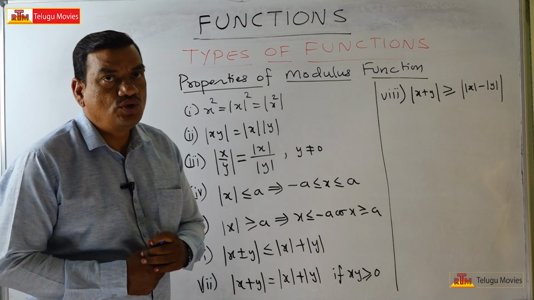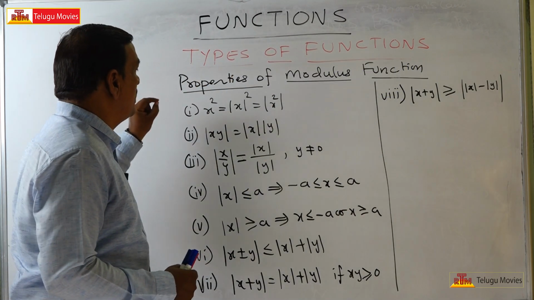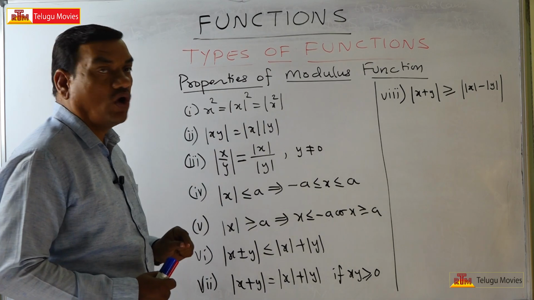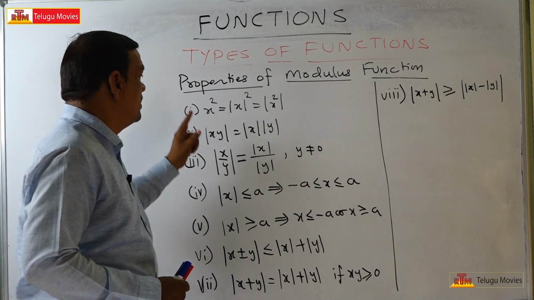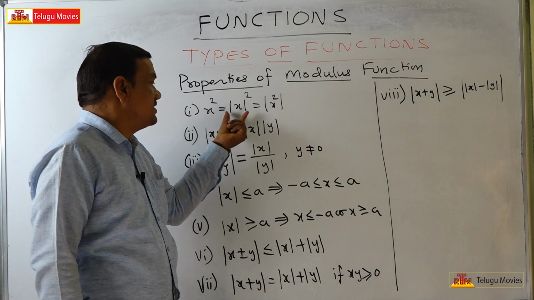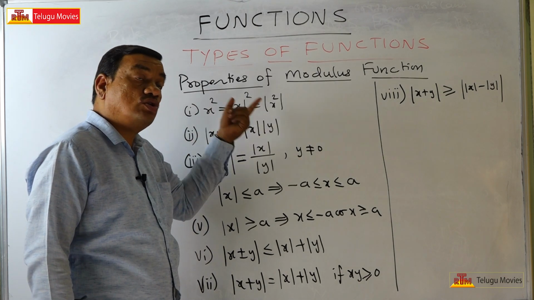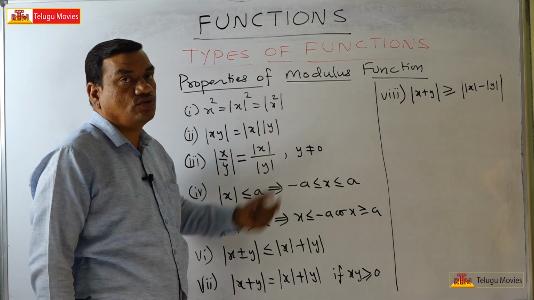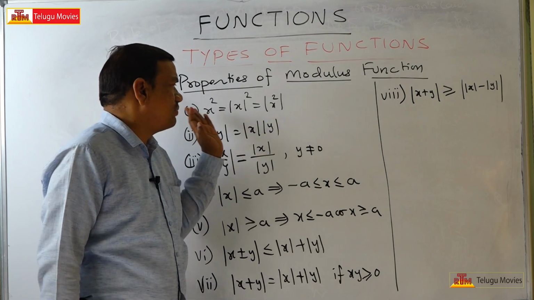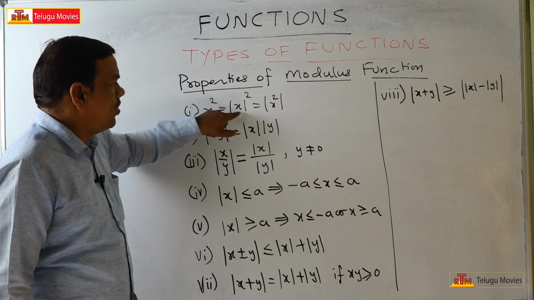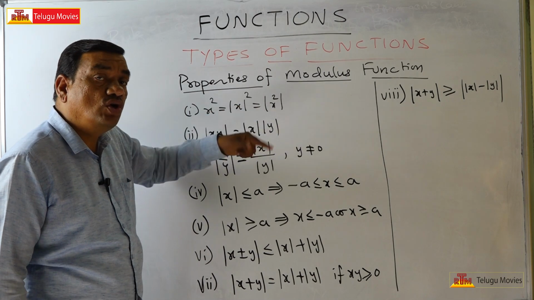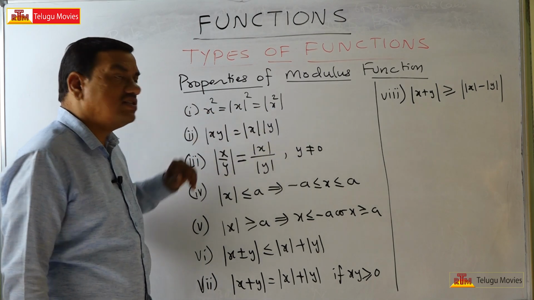Dear students, so we are going to see some properties of the modulus function. x square is the same as modulus of x whole square, which is the same as mod x square. This is a very important property. Mod x whole square is the same as modulus of x square, same as x square.